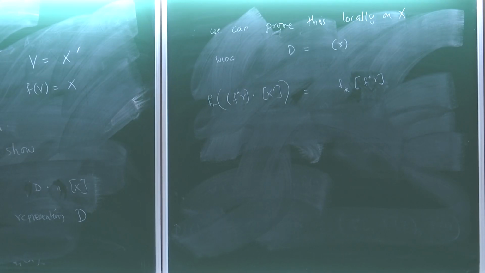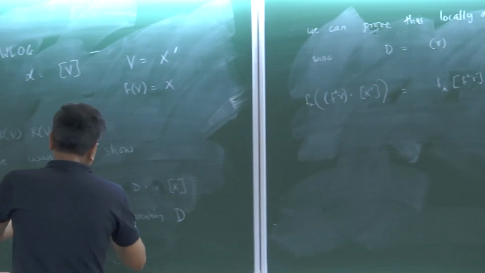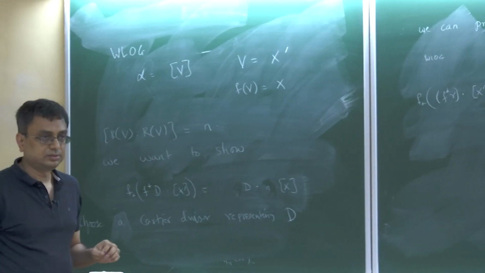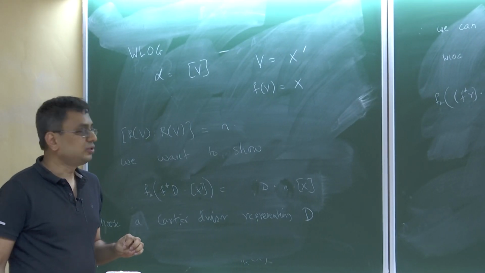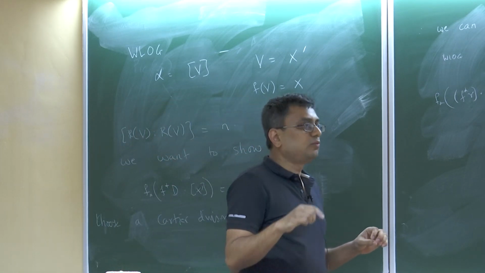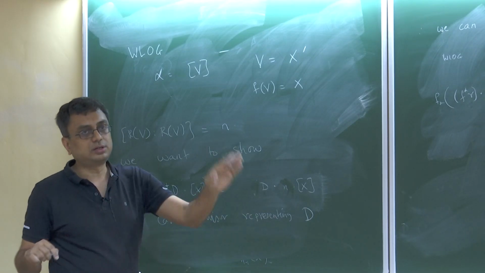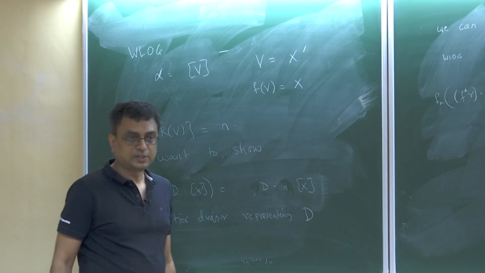Yeah. How did you reduce it to cycles? How did you reduce? Yeah, so the reduction to cycles is, see, I want to prove this for every pseudo divisor, right? How do I actually define d dot something? So what I can do is, for this pseudo divisor, choose a Cartier divisor, right?